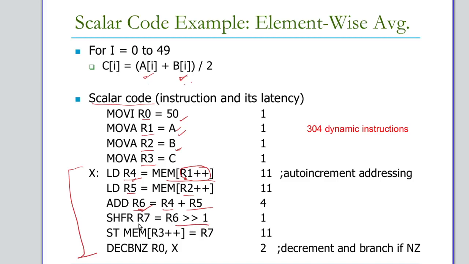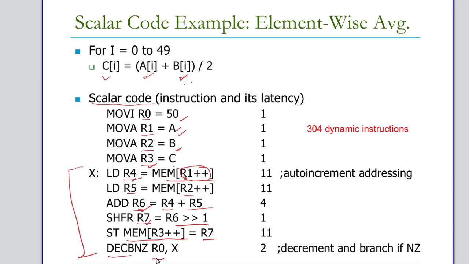So in R7 you are storing the result after division. This value of R7 is to be stored in C, so the address of C is in R3. So in memory at R3 you are storing this value of R7, and after doing this you are checking the value of R0. Before checking, you are decrementing it.